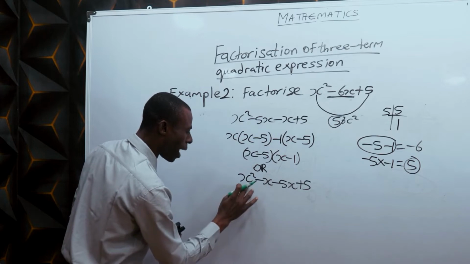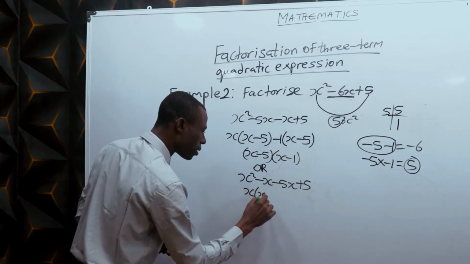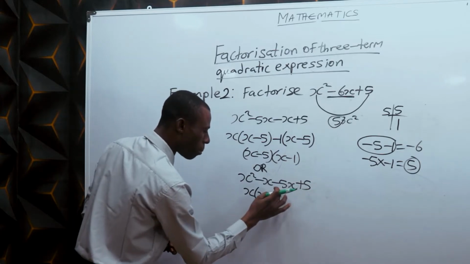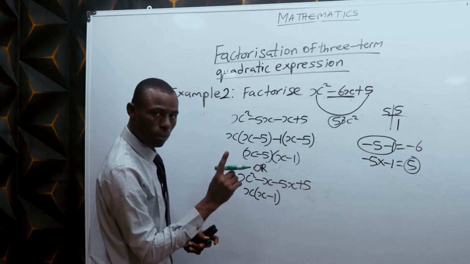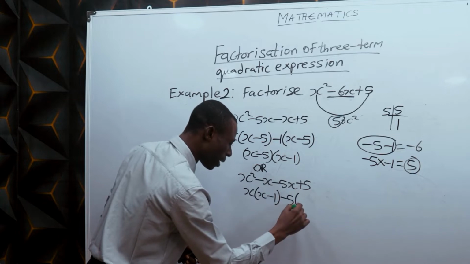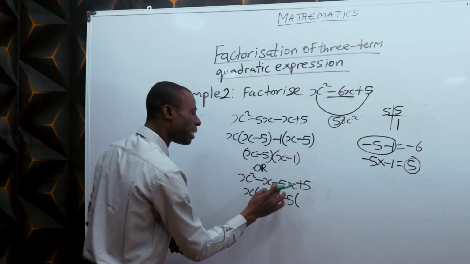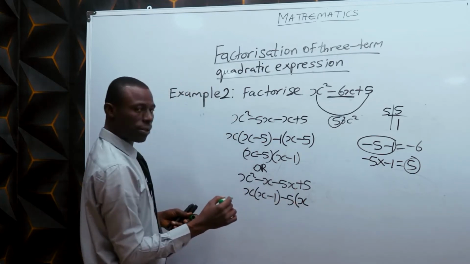What is common to x squared and minus x? It is x into x minus 1. What is common to minus 5x plus 5? That is 5, or rather negative 5. So bring it out here, bracket it. Negative 5, use it to divide negative 5x. It gives you positive x.